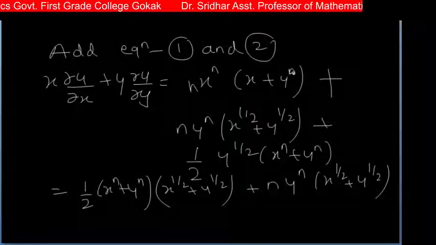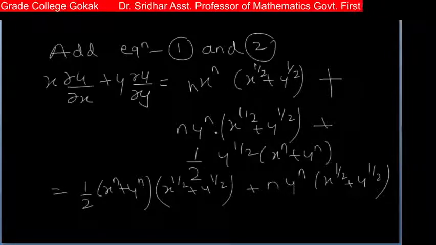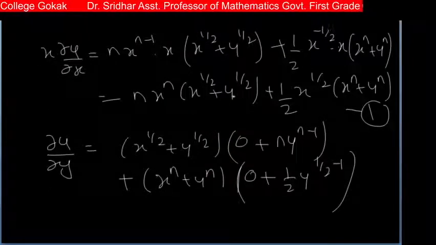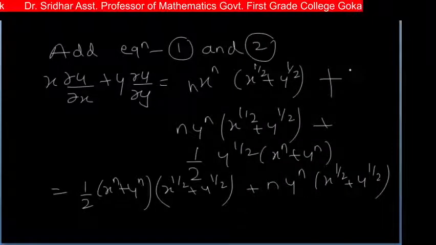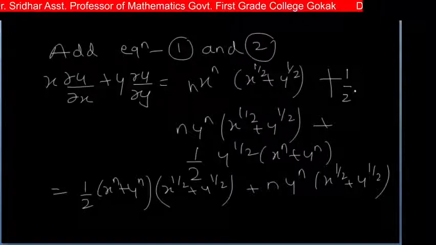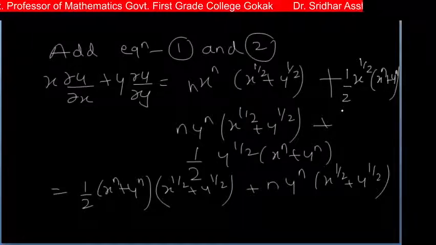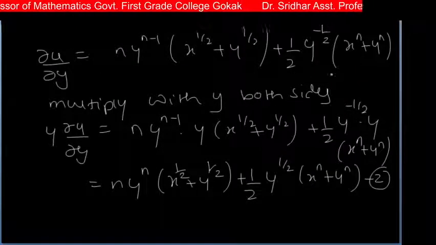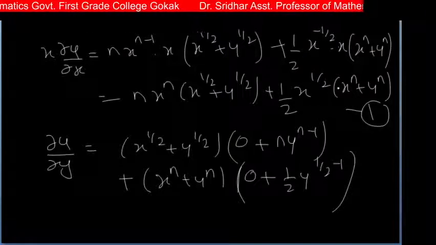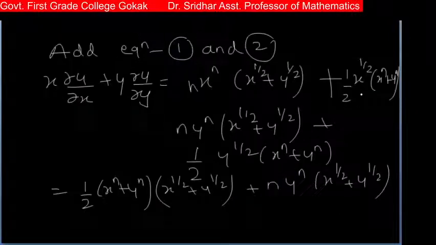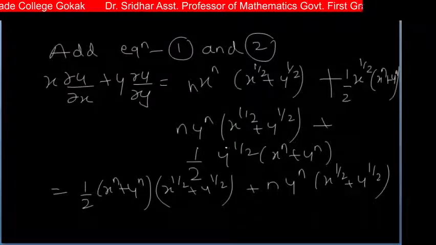Then plus 1 by 2 into x raised to 1 by 2 into x raised to n plus y raised to n, correct. Then plus y dou u by dou y.